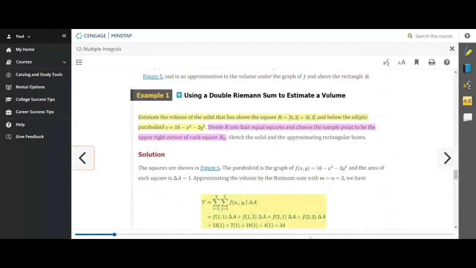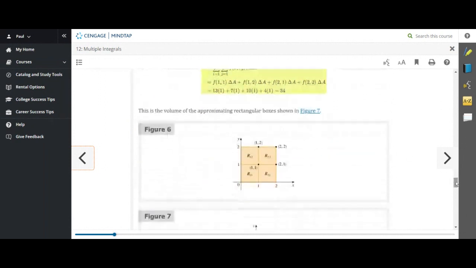But in example 1, for instance, they say, okay, estimate the volume of the solid that lies above the square, 0 to 2 on the x-axis, 0 to 2 on the y-axis, and below the paraboloid. And of course, they have to tell you how to divide the region. Okay, 4 equal squares, and choose the sample point to be the upper right corner. So pictorially speaking, here is your figure 6.